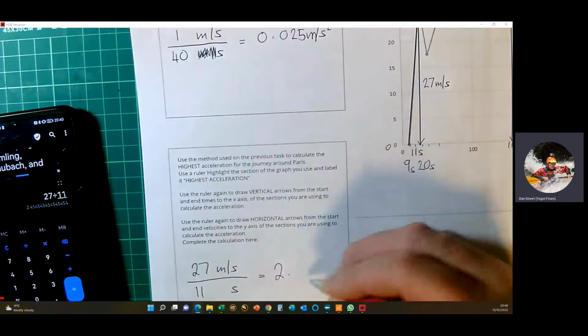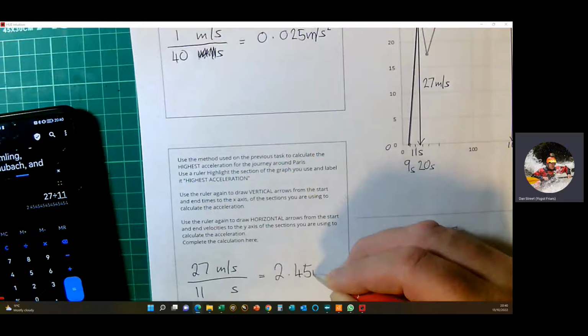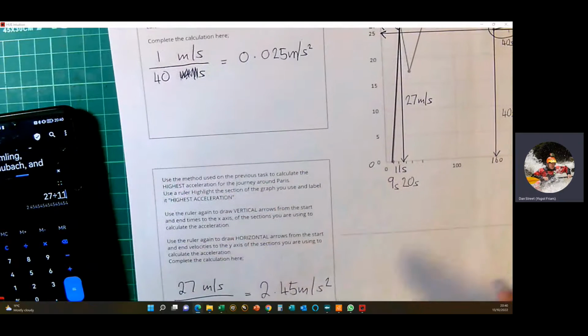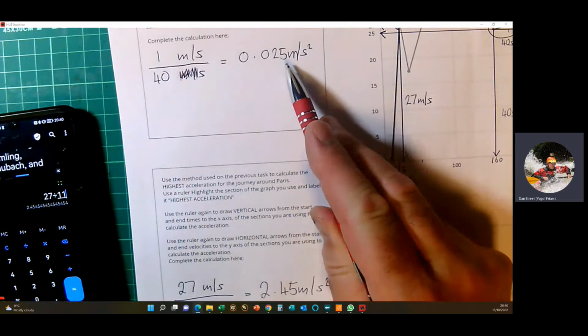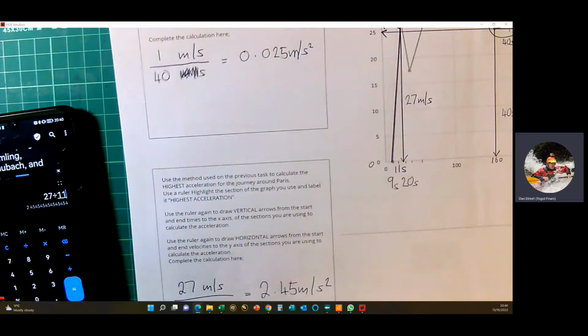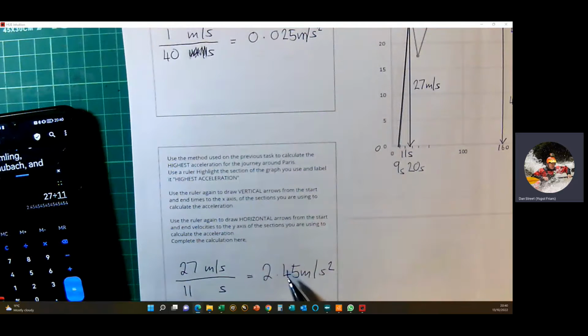So 2.45 meters per second squared, which we can see is 2 orders of magnitude, 2 powers of 10 bigger than this acceleration here. So this is a very gentle acceleration. This is a much higher acceleration, therefore much faster.